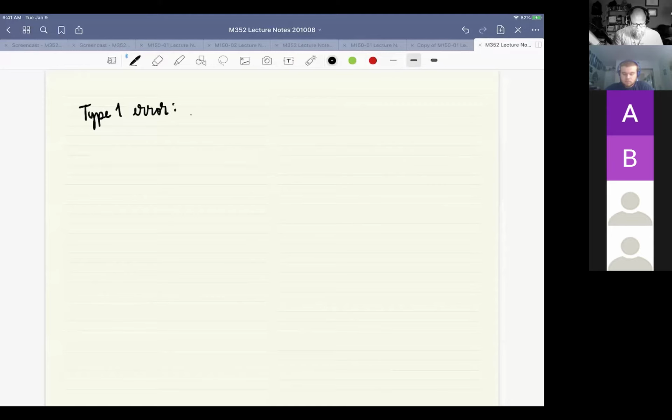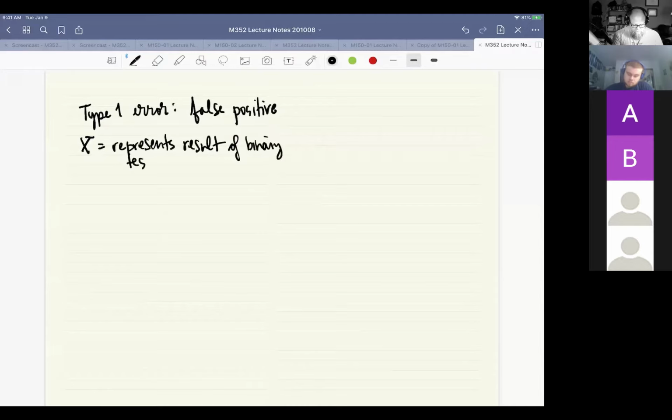So type 1 error is a false positive. So if you've got X as a random variable that represents the result of a binary test, like 1 equals true, 0 equals false.